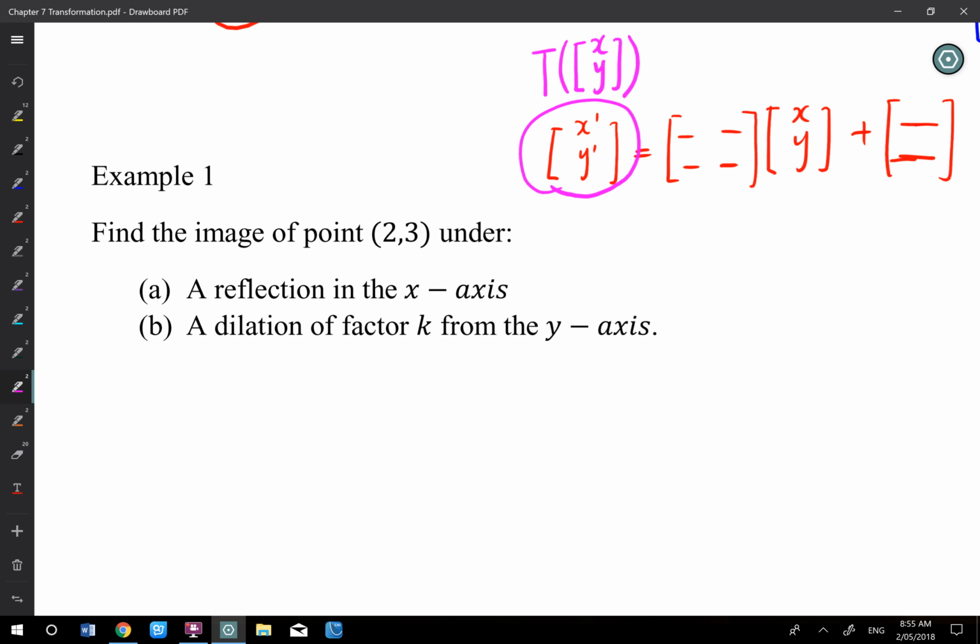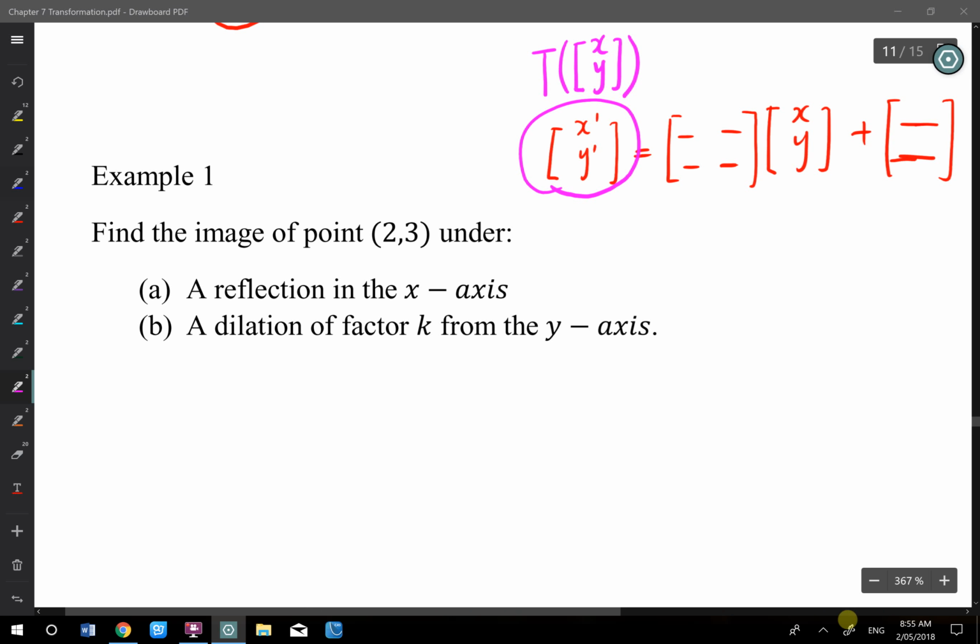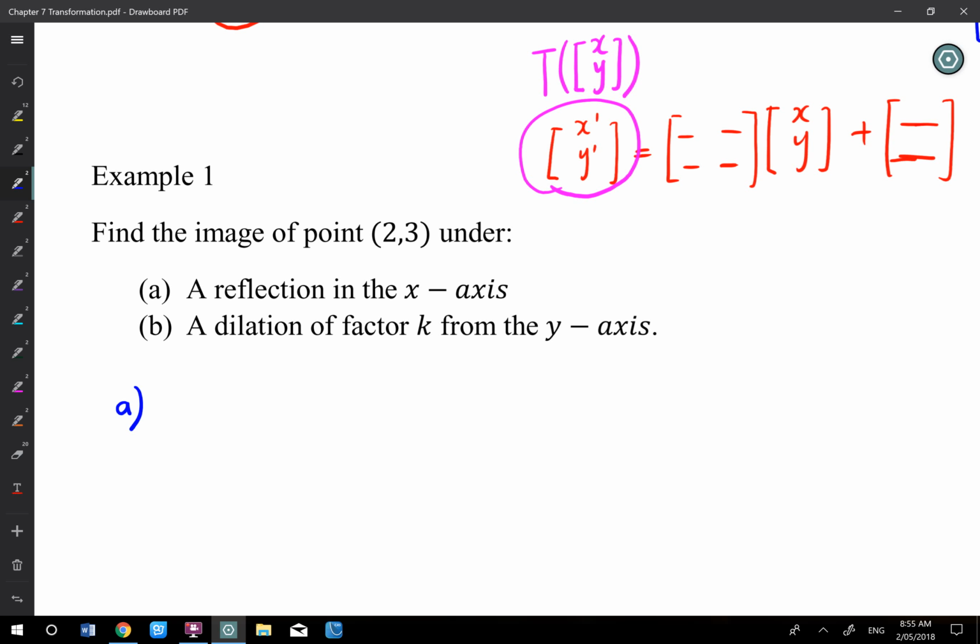Okay, let's have a look at the first one. Find the image of the point 2, 3. Part A says the reflection in the x-axis. Can you tell me the transformation matrix for reflection in the x-axis?